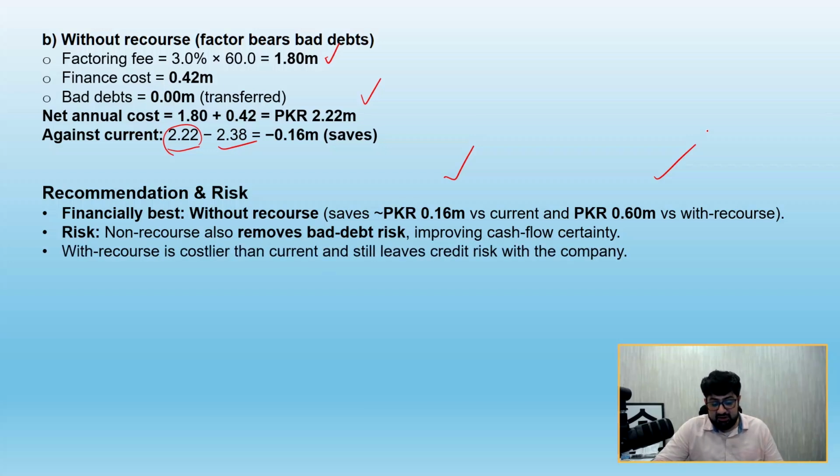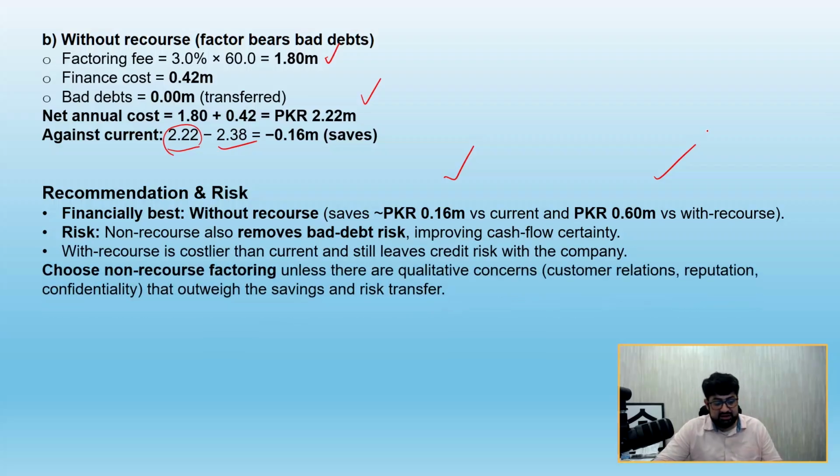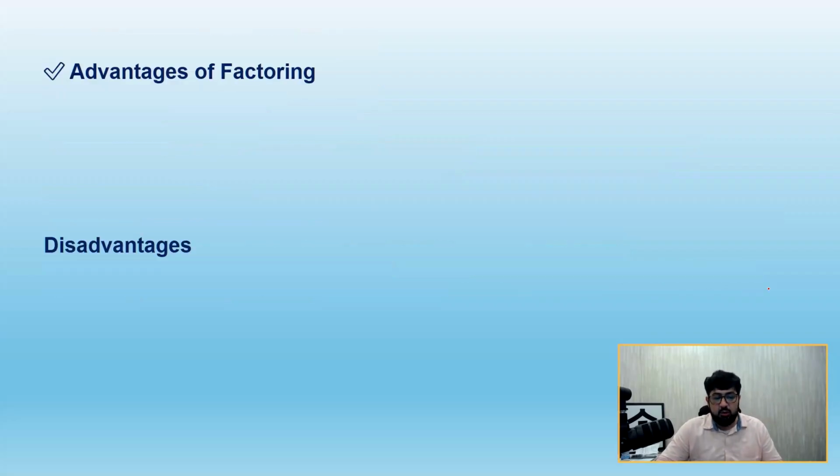With recourse is costlier, hence we choose non-recourse factoring unless there are qualitative concerns, like customer reputation, customer relationship, confidentiality. So we will go for without recourse factoring, which is financially viable if other factors are not of that importance.